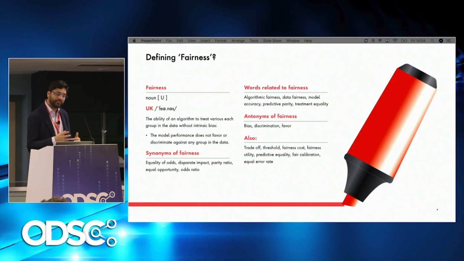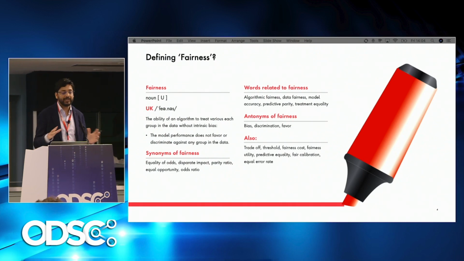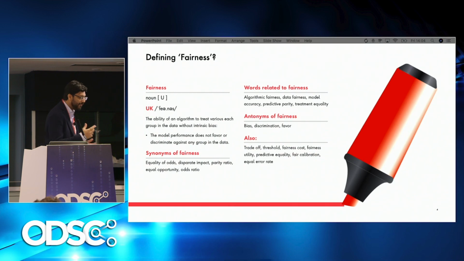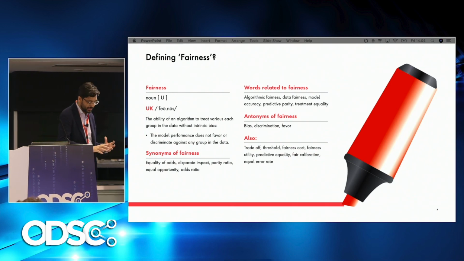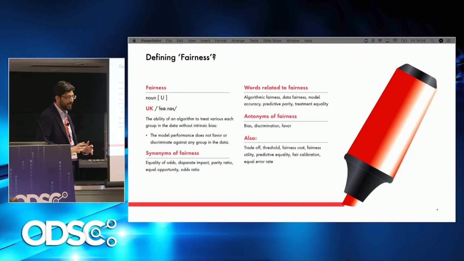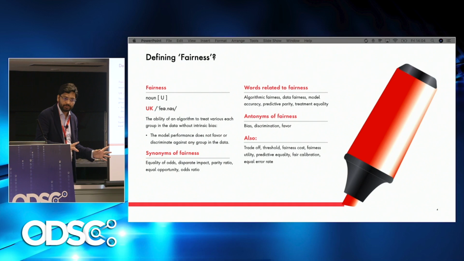The ability of an algorithm to treat various groups equally is what fairness is. So if you have an algorithm, in simple terms, say a classification algorithm, the accuracy of the algorithm is 90% on various metrics. Maybe AUC is high or true positive rate is high. Now that model is really very good to go into production, right?